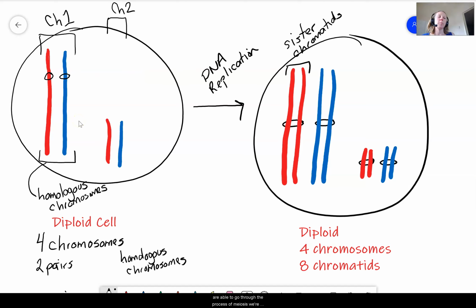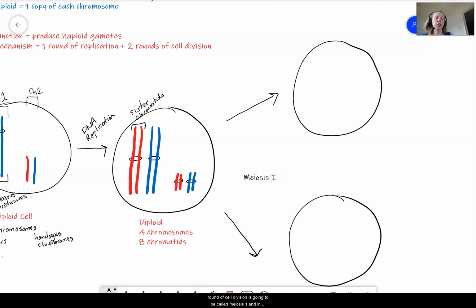And now we are able to go through the process of meiosis. So we're going to go through 2 rounds of cell division. The first round of cell division is going to be called meiosis 1. And in meiosis 1, what is going to happen is the homologous chromosomes are going to separate.